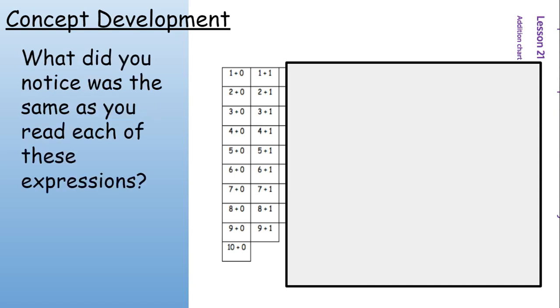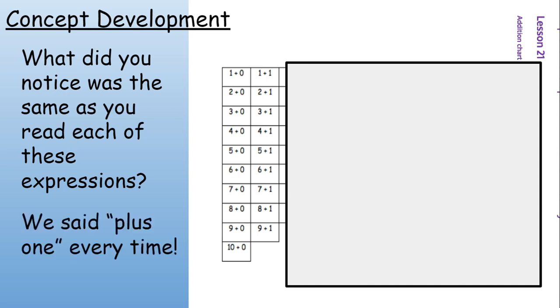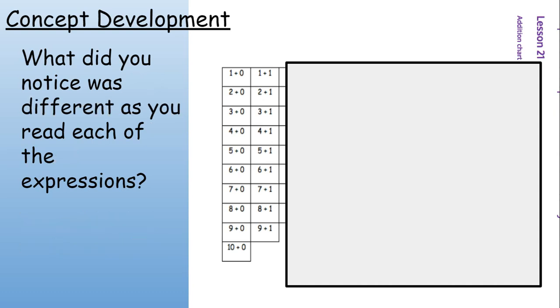What did you notice was the same as you read each of these expressions? We said plus 1 every time. What did you notice was different as you read each of the expressions?